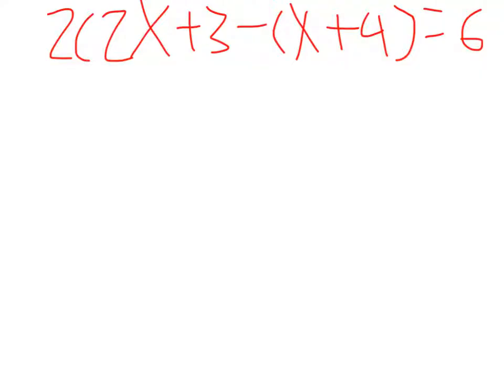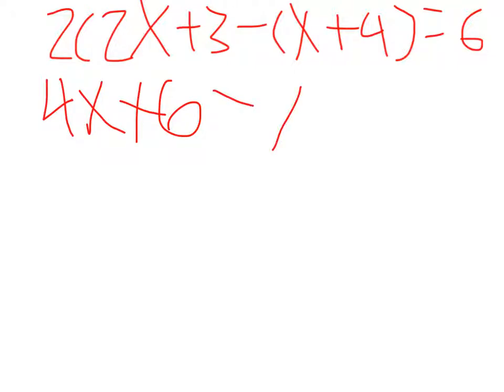We're going to work on a harder multi-step equation, but I think we could manage. So the first thing to do is to use distributive property on the first line. Now the first thing is 4x plus 6 minus x minus 4 equals 6.